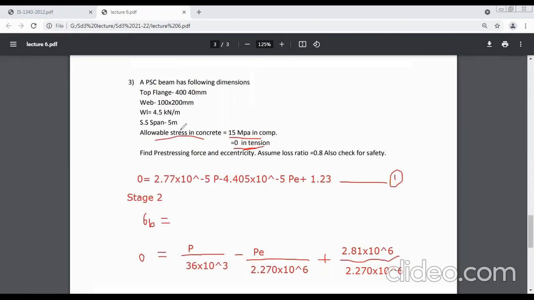So the first stage was the initial stage; now it is the final stage. In the final stage we are considering live load as well as loss ratio.